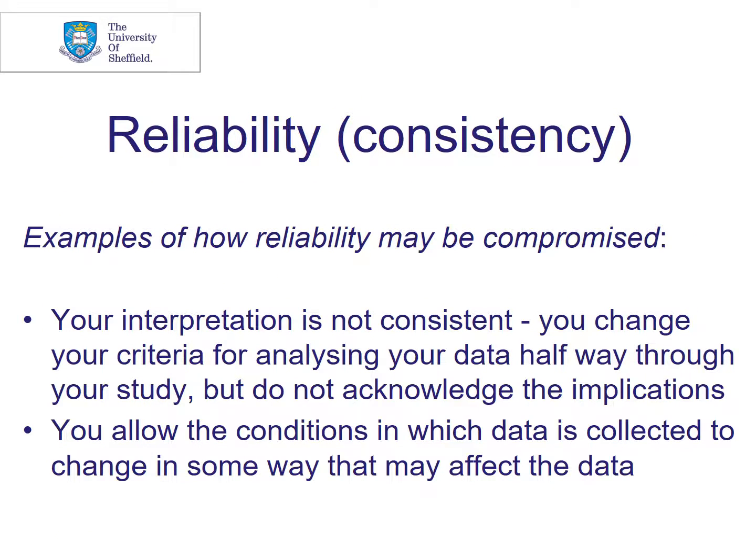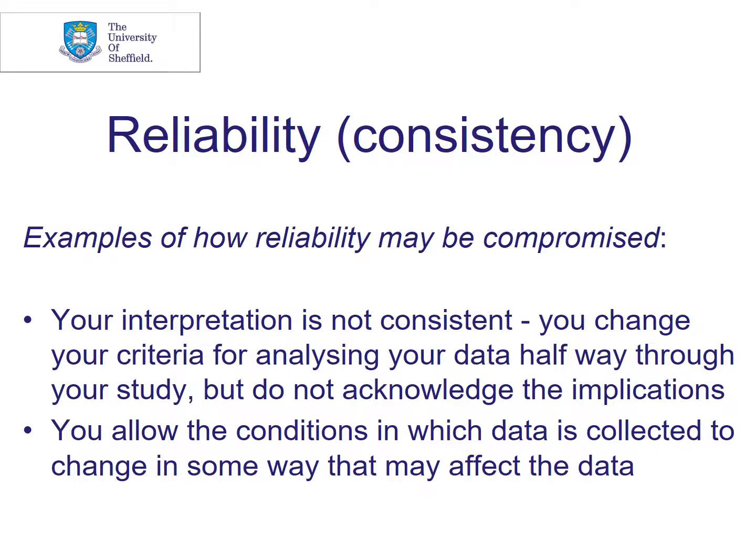Of course, again, it's very easy to compromise the reliability of a piece of research. Suppose that throughout your data collection, you realize that the methodology you're using is not that efficient, and so, I don't know, you change, for example, in a questionnaire, the wording of some of the questions, or even the order, which sometimes can imply different responses from the respondents.